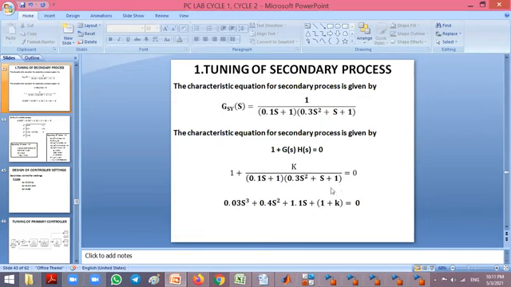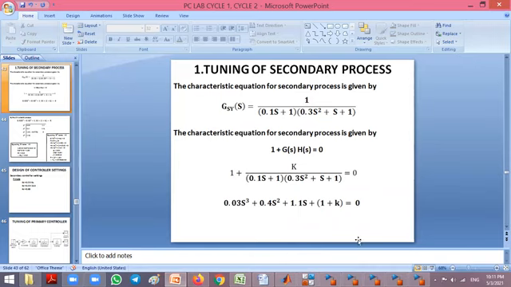Okay, now you multiply all this, you take the LCM, and the denominator term on cross multiplication will become 0 because it will be multiplied with 0. Okay, so on simplifying this equation, we will get 0.3 S cube plus 0.4 S squared plus 1.1 S plus 1 plus k is equal to 0.